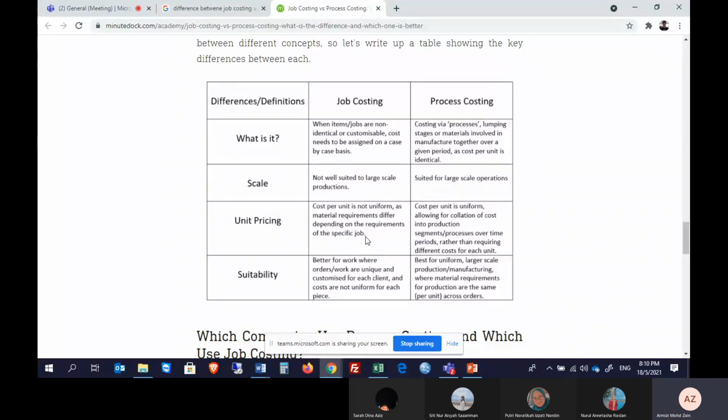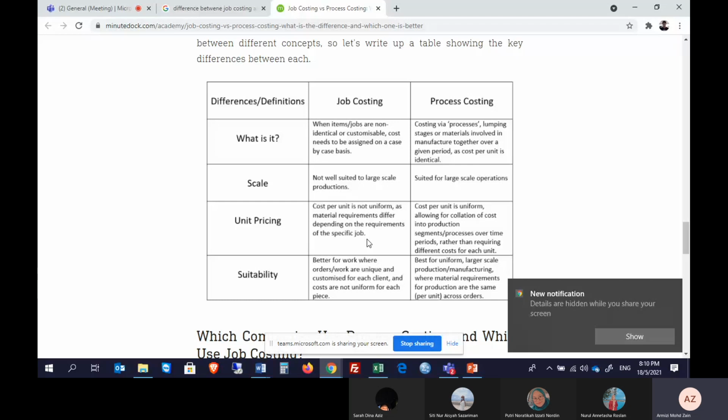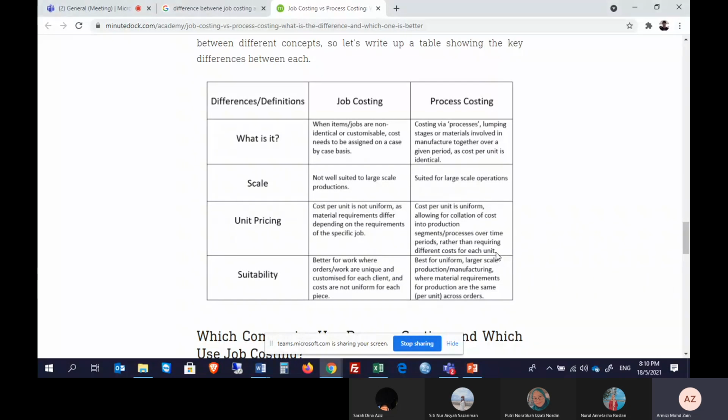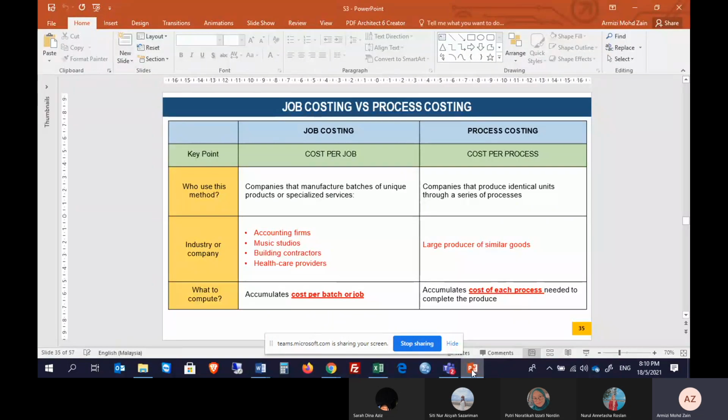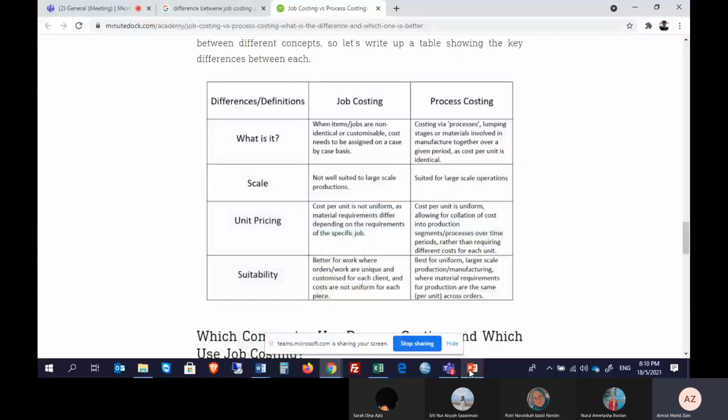For process costing, cost per unit is uniform, means all products share the same cost per unit, because we calculate the total cost for the process involving similar products, the same category of product, the same material that they are using in each process. And it is better suited for work where orders are unique and customized for each client. That's why the examples for job costing are accounting firms, music studios, building contractors, and healthcare providers.